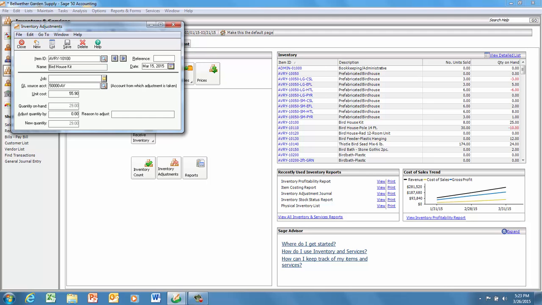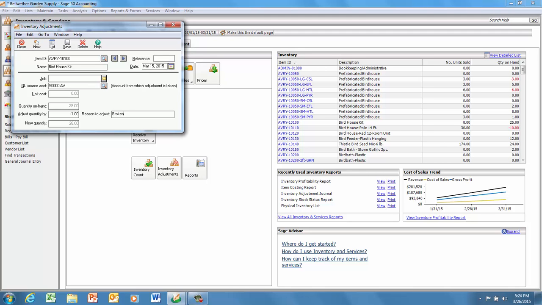Let's say that one of them fell to the floor off the shelf and got busted. So I'm going to do this adjust quantity by -1, and then go over to reason to adjust and say broken.